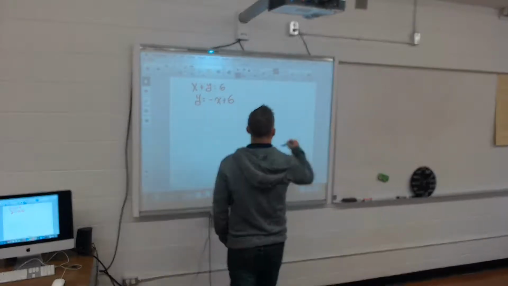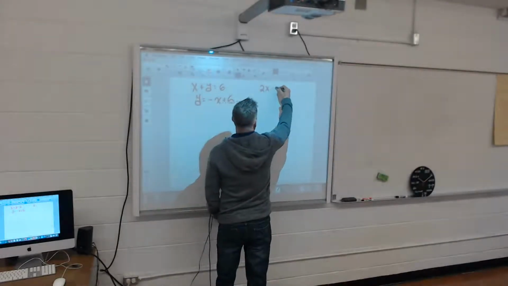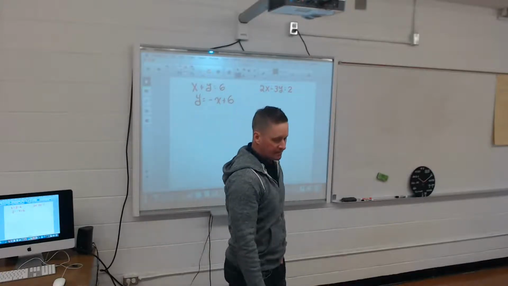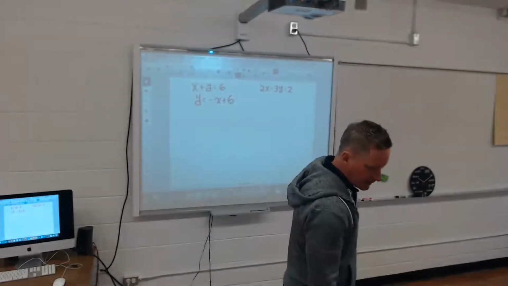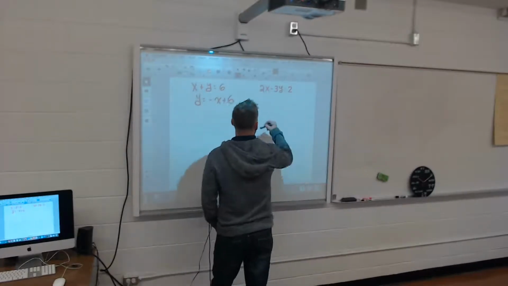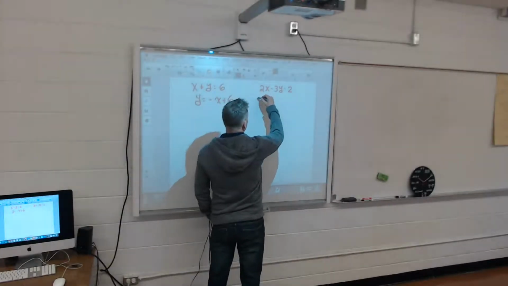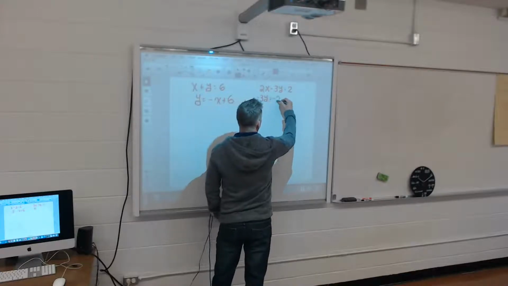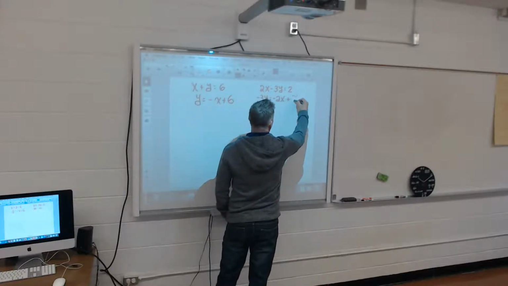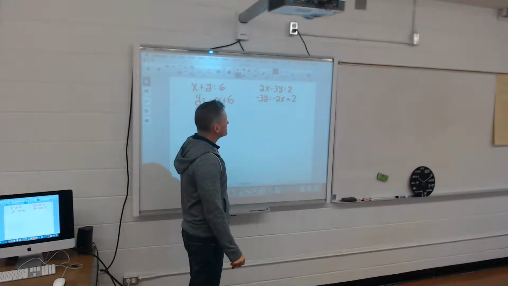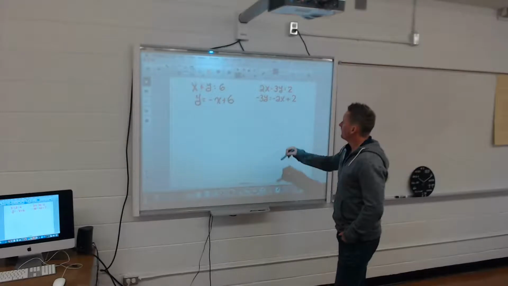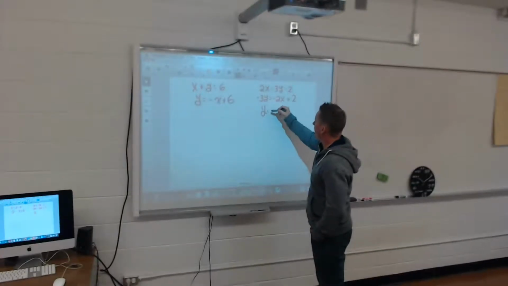Now 2x subtract y equals 2/3. All right. So now I'm going to go negative y is equal to negative 2x plus 2/3. I again subtract the 2x to the other side. And then I'm going to divide by negative 1.